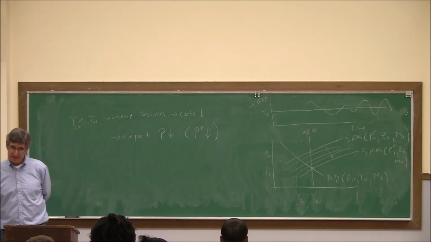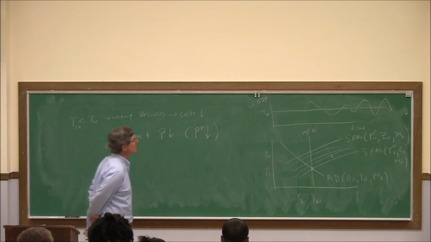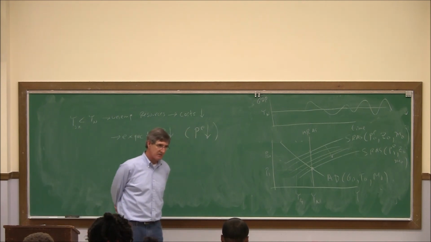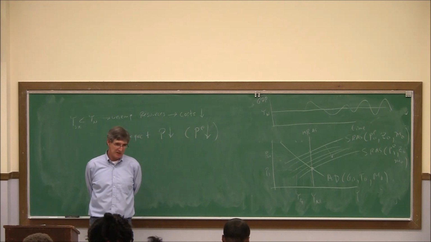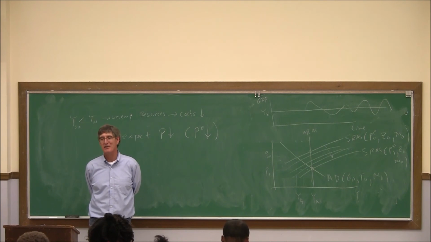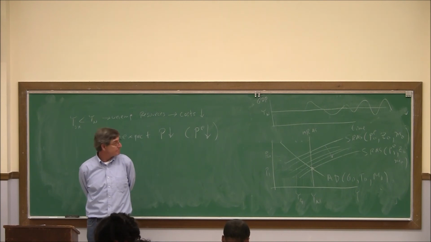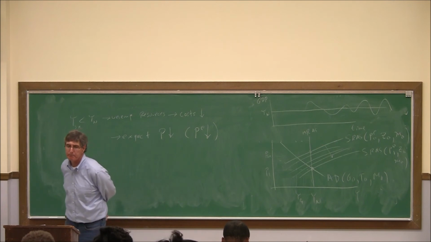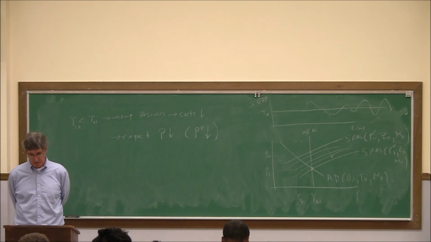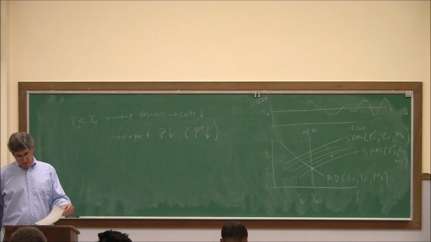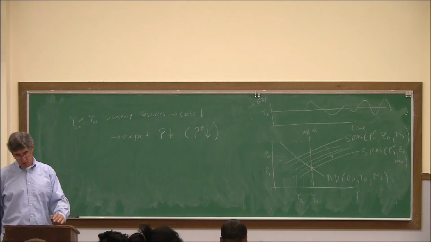And again, how fast that supply curve moves is going to depend upon how fast we expect costs to fall. And if wages are sticky, you cannot expect much there at all. Again, we'll come to that later. All right, cool.